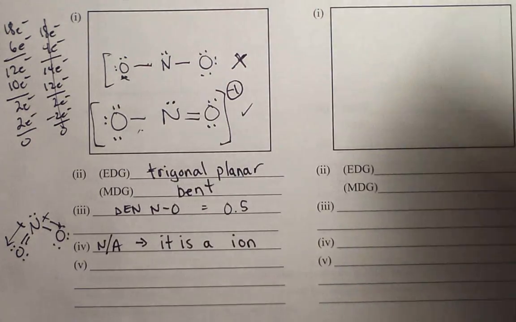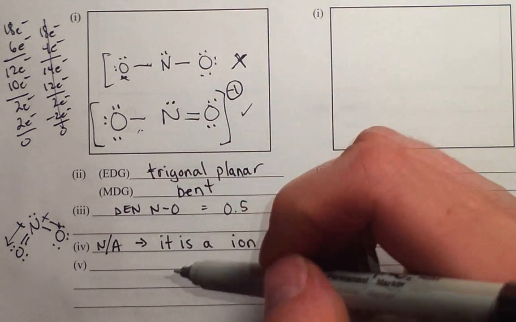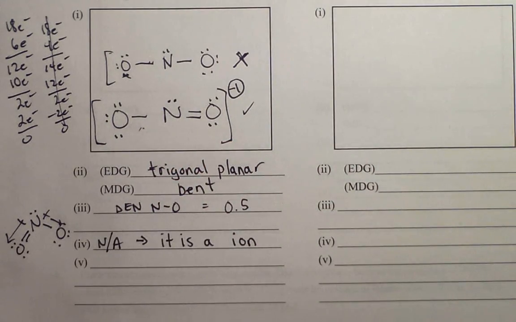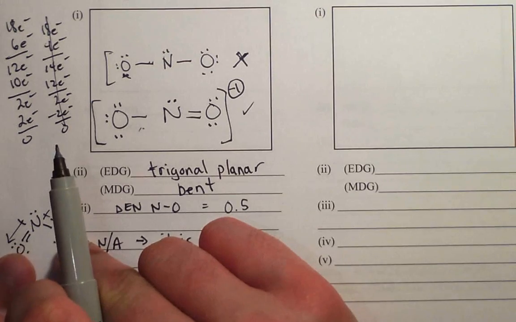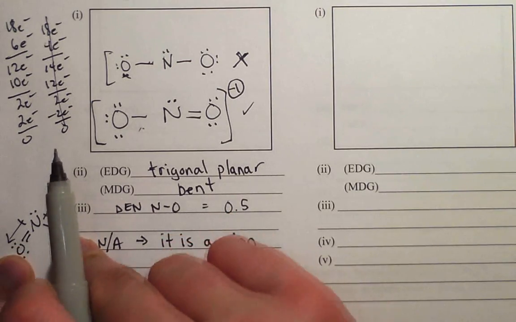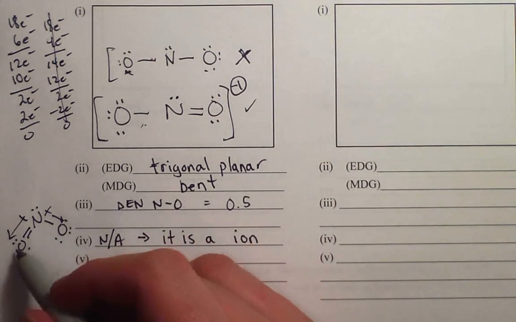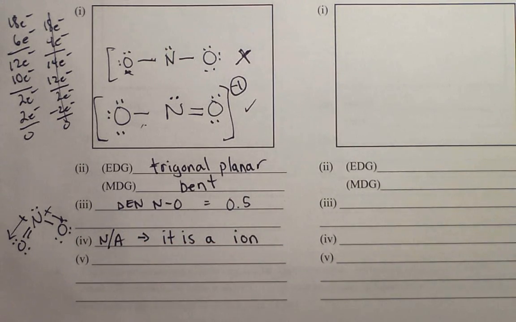And that negative charge is probably concentrated on the oxygens, making the nitrogen slightly positive, but there's so much negativity on these oxygens because of that extra electron that we can't really even talk about polar molecules. We're going to talk about ion. But again, very likely that if we were to draw an electron cloud, there would be a lot more on those oxygens than the nitrogen.